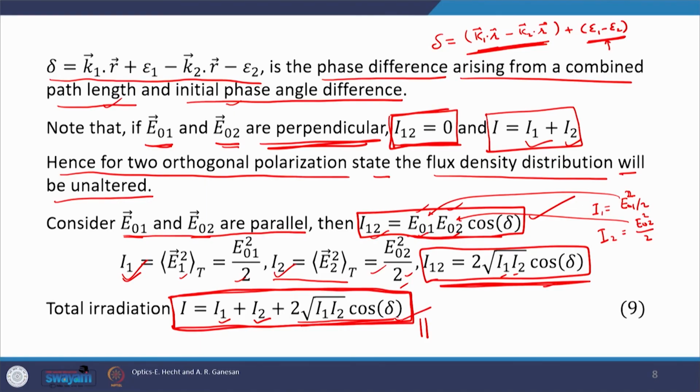Sinusoidal variation means there would be a background intensity, and this intensity would be modulated by a cos function. It means at some places on the screen we will have maxima, at some places we will have minima. And this would be a periodic variation in the intensity, ensured by the interference term, the third term appearing here in equation number 9.